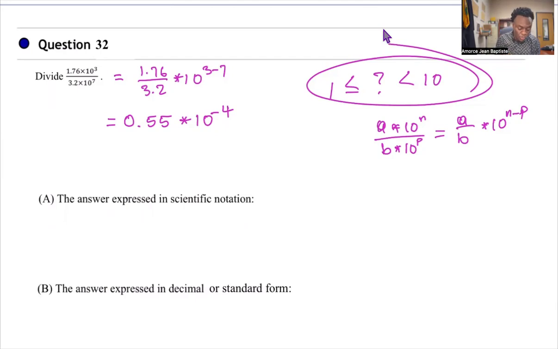So we're going to move this decimal over to the right, which will make it bigger in value. So to complete this, moving to the right would require subtracting 1 unit here, because moving the decimal to the right is like multiplying by 10.